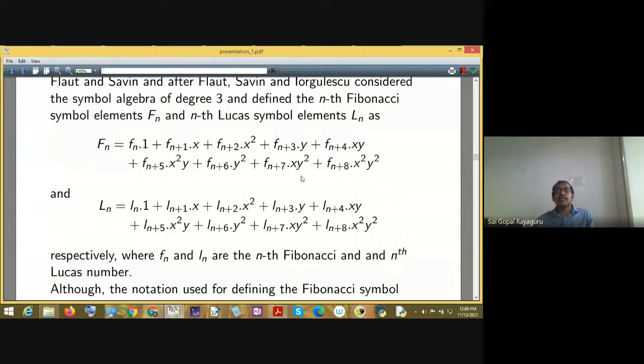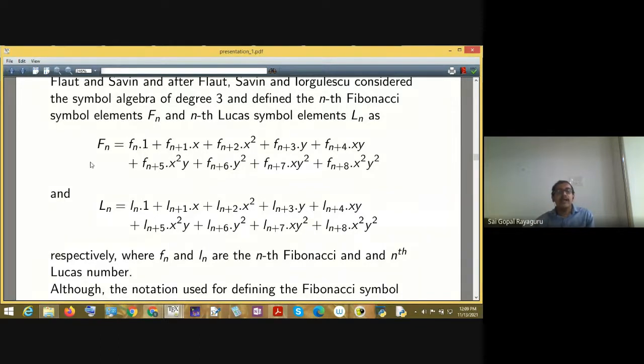If we do this, how many elements are there? We are considering n elements from 0 to n minus 1 for each, so in total there are 9 elements. Not a basis actually, but in a basis there are 9 elements, or we can say a tuple with 9 elements.